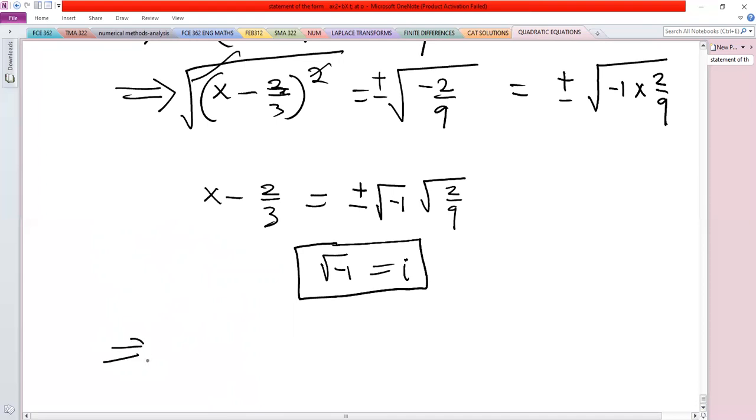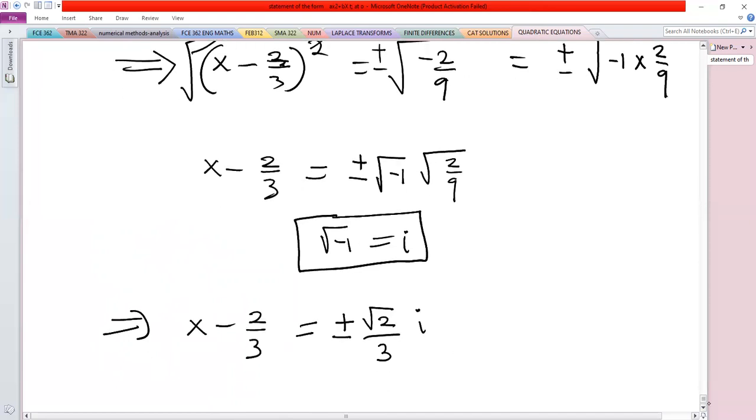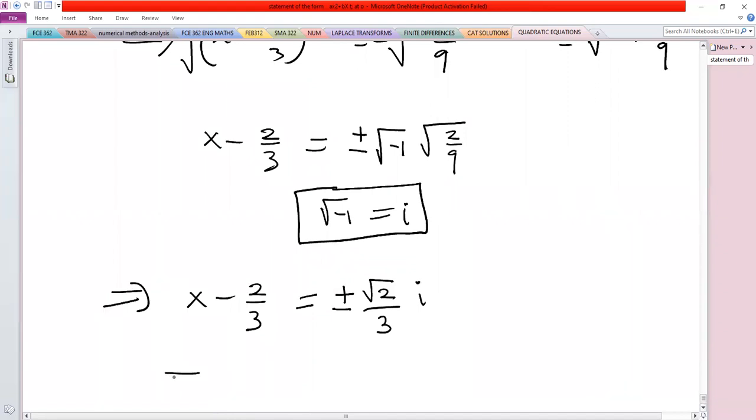So which means that we'll have x minus 2 over 3 equals plus or minus root 2, the square root of 9 is 3, and then times i. So therefore, this x will be 2 over 3 plus or minus root 2 divided by 3 i.